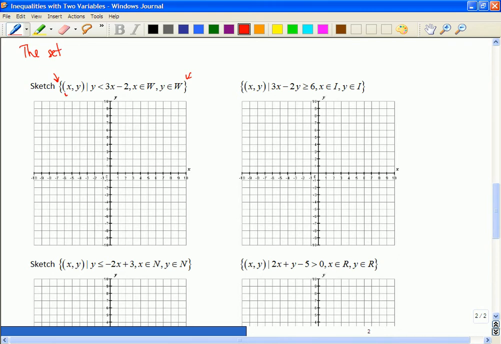The first thing up until this vertical bar means of points x and y. And these are all the conditions that it has to follow. So it's not just any numbers x and y. It has to be numbers x and y so that this is true and that x and y are part of the whole numbers.